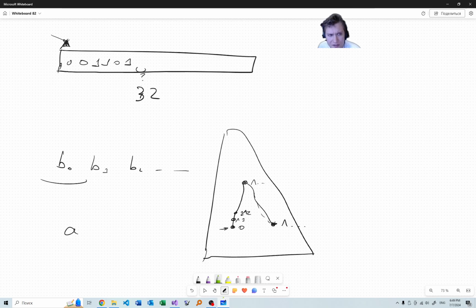For example, let's assume that I am fixing bit k. In this case, I need to consider this path to the root, and here I need to fix everything.